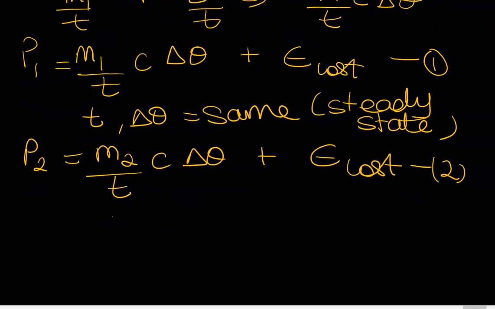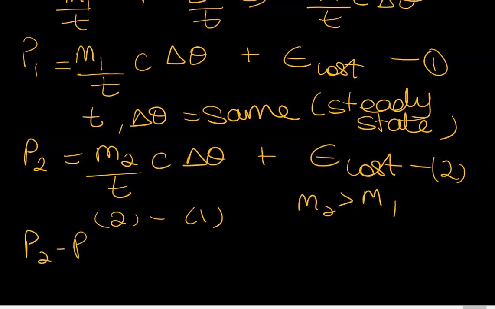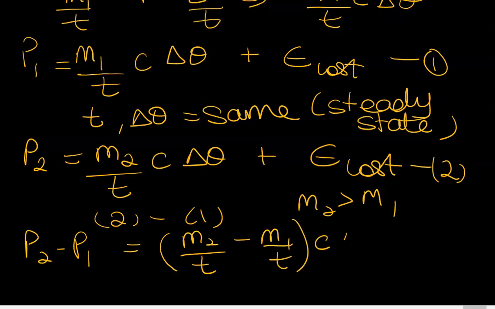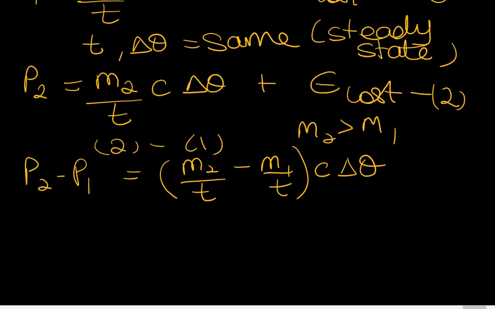So now we're going to say equation 2 minus equation 1, right? Because we let M2 be greater than M1. So P2 minus P1 is M2 on T minus M1 on T by C delta theta. And the two energy losses will be subtracted, which is why we did not need to consider the value for the heat capacity.